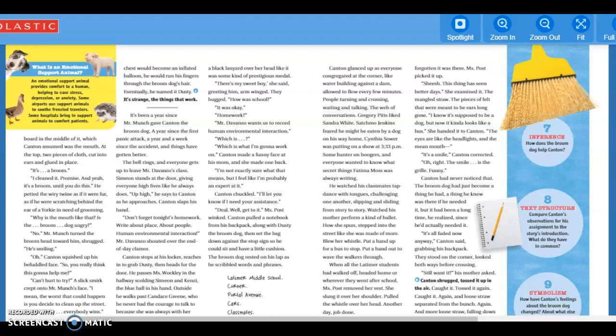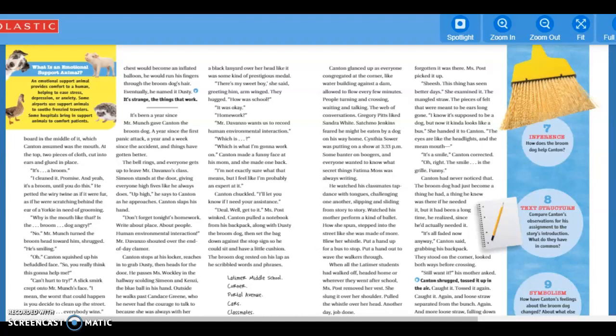What is something that you relied on that was a thing, maybe not necessarily a person, but maybe a thing that you might have used now or in the past that was kind of a support for you? So this question says, how does the Broom dog help Canton? So based on your background knowledge, you kind of have this idea in your head maybe of something that's helped you. And I want you to think, when you answer this question, how does the Broom dog help Canton?